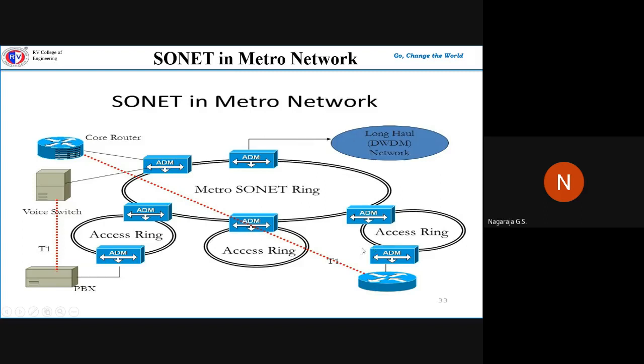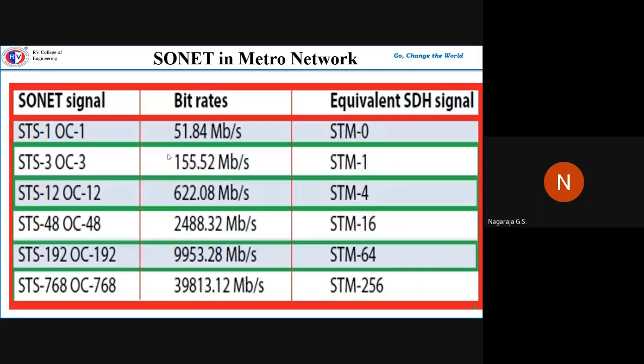You can observe there is one scaled-up Sonet network, this is the second one, third one. Even you can extend this to as many as you want, and any kind of services you want, you can easily do with the help of your Sonet networking.